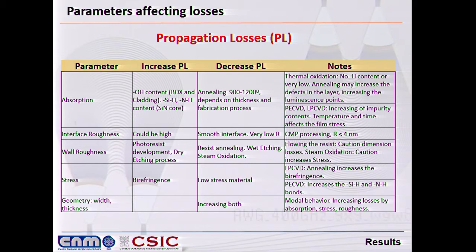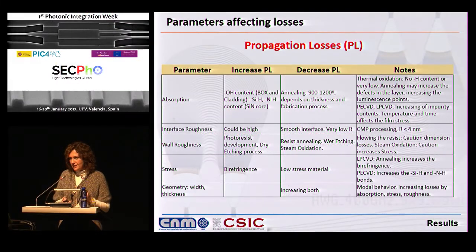I won't go into detail about the table, but just to tell you, modifying one parameter could affect another one. For example, the absorption: if you remember, in the silicon nitride layer, we said there is a high percentage of hydrogen. So the silicon-hydrogen or nitrogen-hydrogen bonds absorb the light.